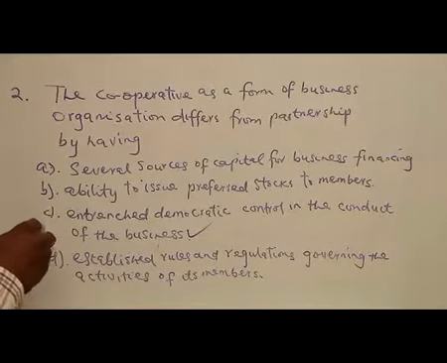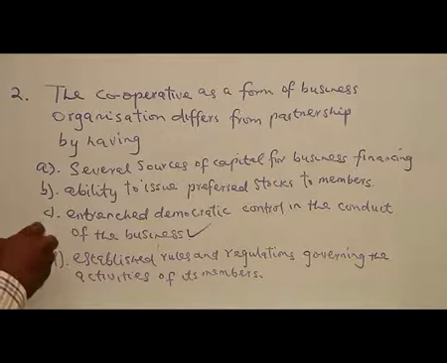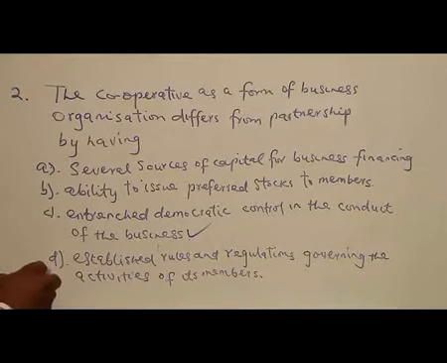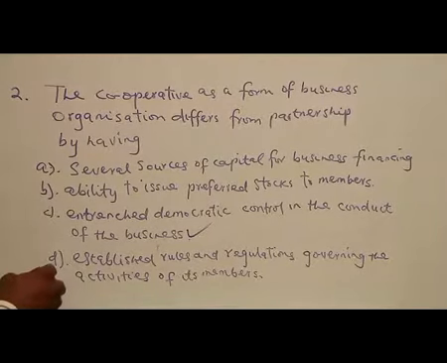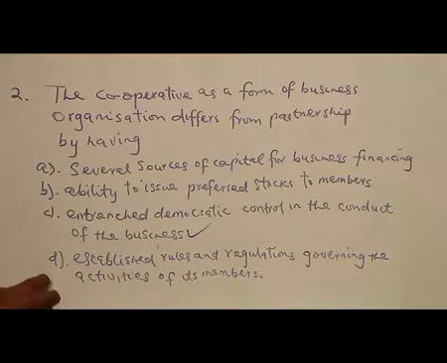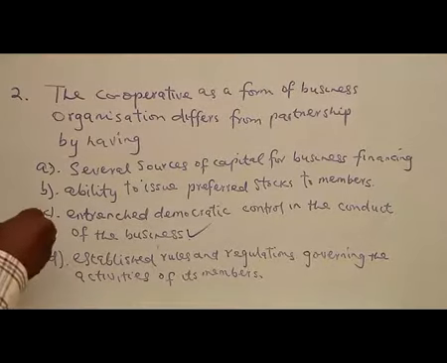Your capital will dictate in this situation. Then D, all business organizations, partnership, public limited liability company, private limited liability company, even public enterprise, likewise cooperative, all have rules and regulations governing members. So the right answer will be C.